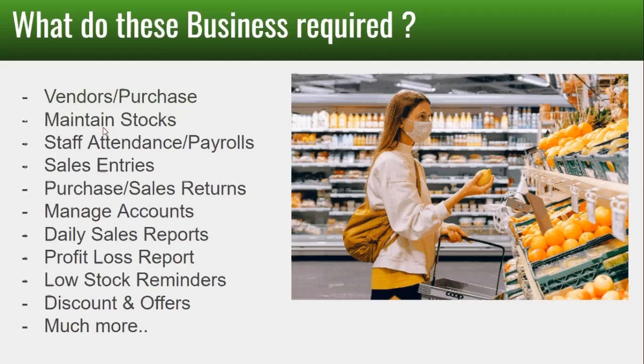Daily sales report, we want to know how many sales have been done today, monthly, yearly. Profit and loss report, low stock reminders: if the stock is low in the warehouse, we should get a reminder. Discounts and offers, and many more things. All these things that we should plan properly come under enterprise resource planning, and ERP software helps in maintaining such operations.